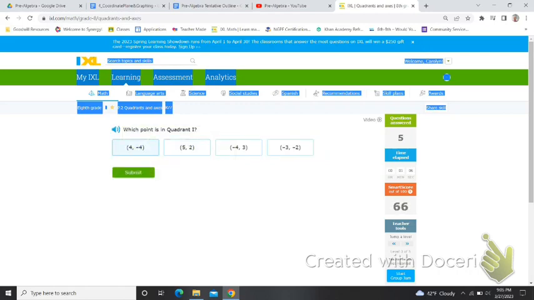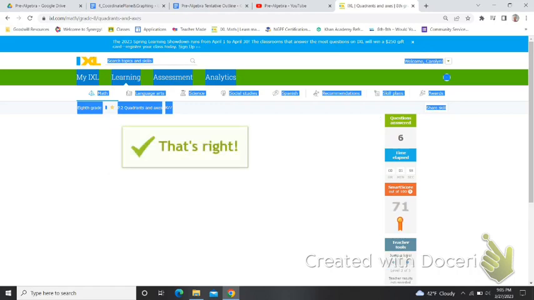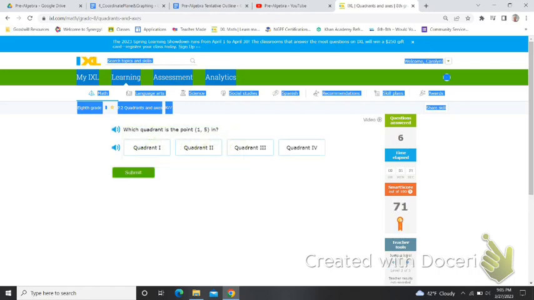If the x or y is 0, it would be on the axis instead of being in a quadrant. So quadrant 1, both numbers have to be positive. I can't force it to give me too many different kinds of questions.